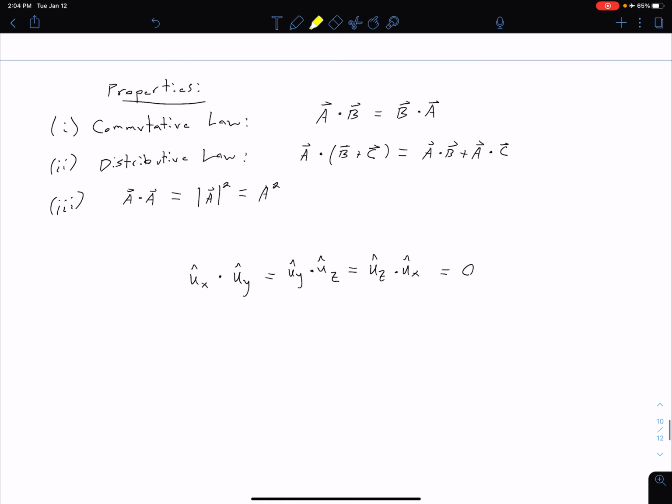And, of course, we know that our x, y, and z unit vectors are all perpendicular to one another. And remember, we could switch the order of any of these based on our commutative law up here.